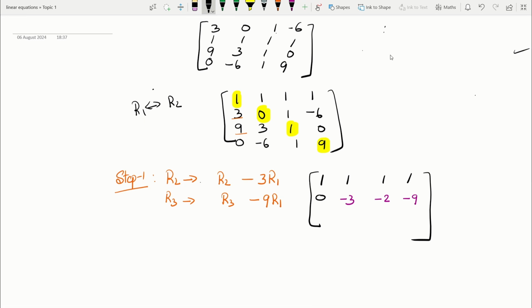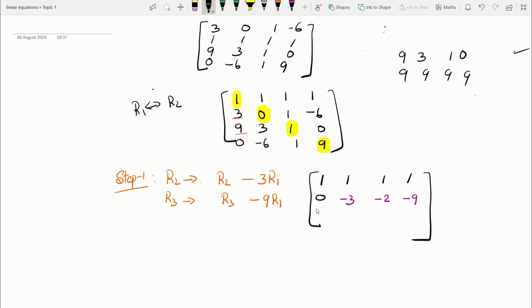All the 4s are ones, fine. Then we know that 3 minus 3 is 0 only. Let me write it. See, I have the habit of doing the rough work here. R2 elements: 3, 0, 1, minus 6. Correct, na? And R1 we are multiplying with 3, right?